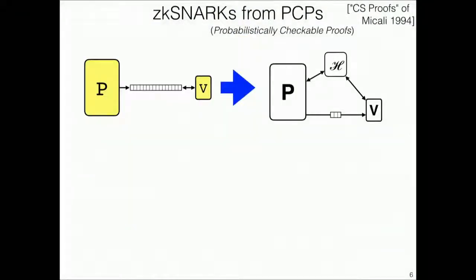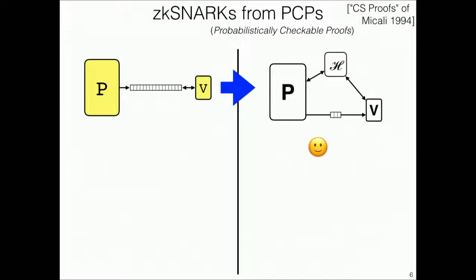So actually, the first SNARK that was discovered and built inside the cryptography community was already done in the mid-90s. Back then, we didn't call them SNARKs. We had different names. But back then, already in the 90s, we had constructions that basically said that if you give me something called a probabilistically checkable proof, which is a type of proof that you can write down, you can sort of check them by querying a few locations in the proof only, then using such a proof, you can build a SNARK.